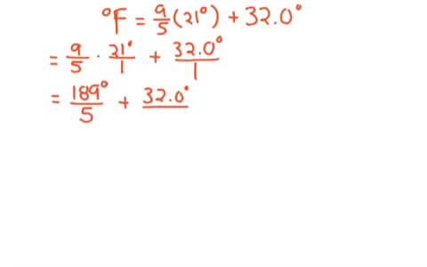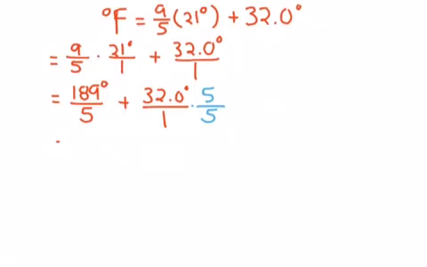Now, to add these two fractions, I need to find a common denominator. The easiest way to do this is to make sure that both of the denominators are 5. And the way that I do that is by multiplying my second term by 5 over 5. Now, you guys know that 5 divided by 5 is just 1, so multiplying 32.0 divided by 1 times 1 doesn't change anything.